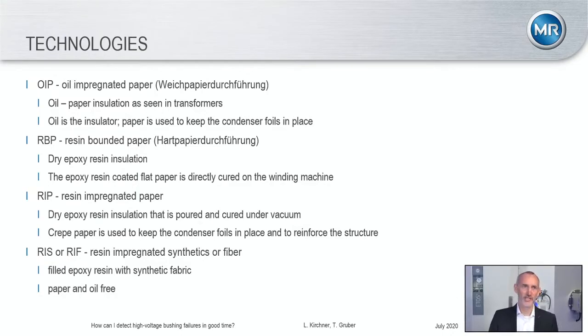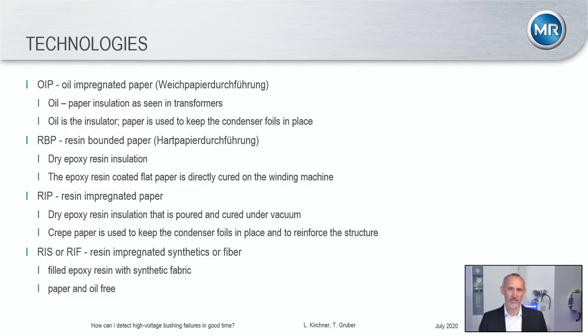Another technology that is, to my knowledge, not produced anymore is the so-called resin-bonded paper bushing, in German HP-Papierdurchführung. This is a dry epoxy resin insulation, so you get the dry bushing, and the epoxy resin was directly coated on flat paper and cured and wound on a machine. So for the manufacturer, it was an easy process, but the quality of these bushings is not so good in many cases.